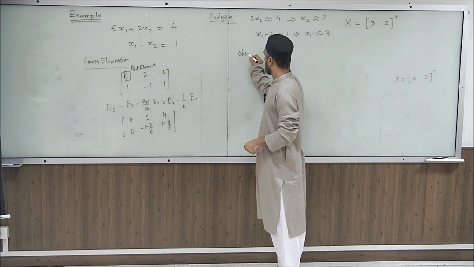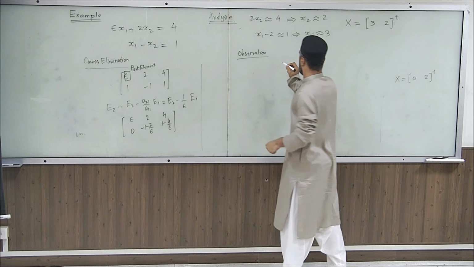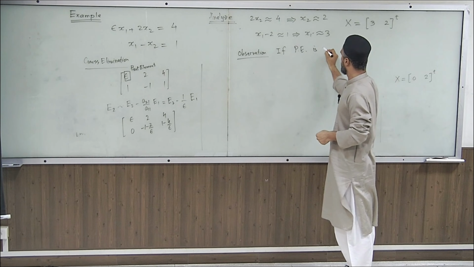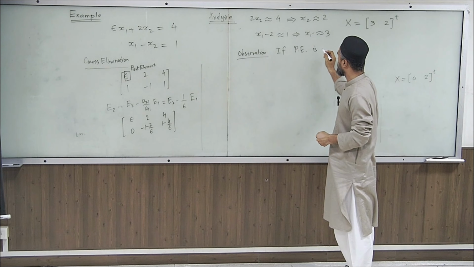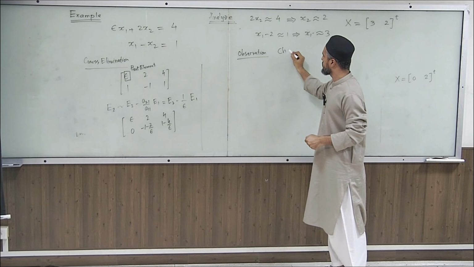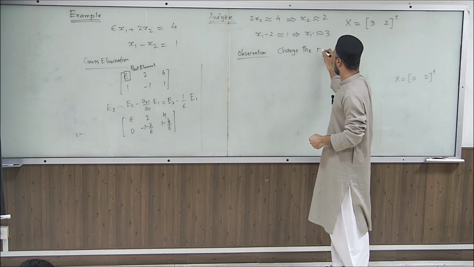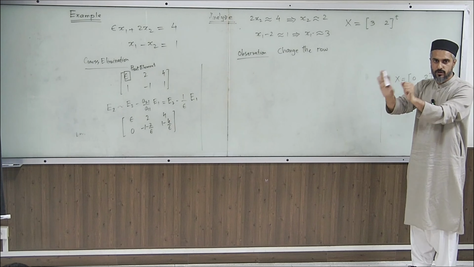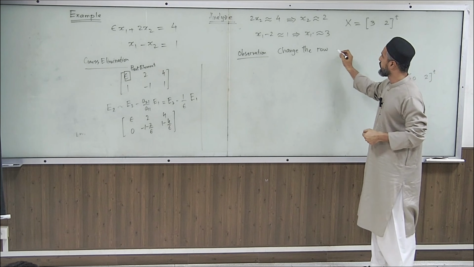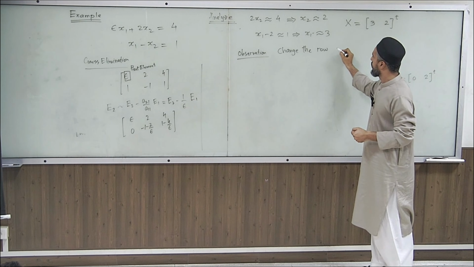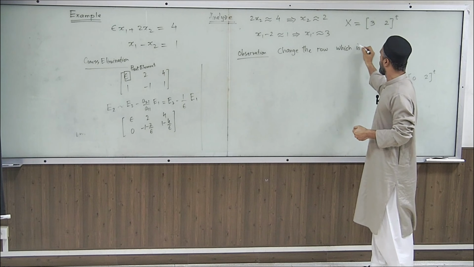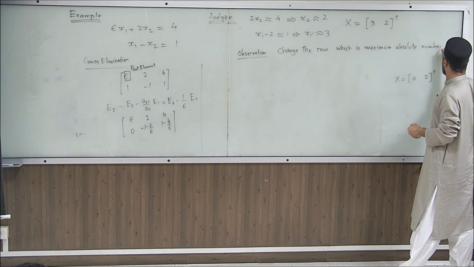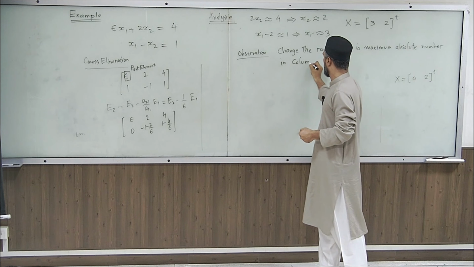Observation: change the row which has the maximum absolute number in column 1.